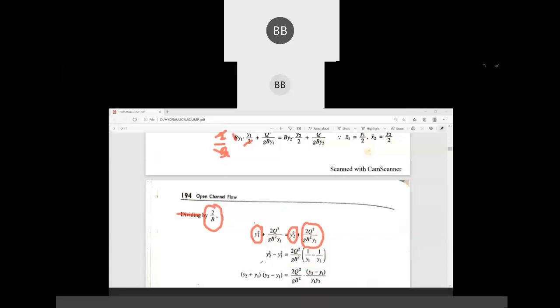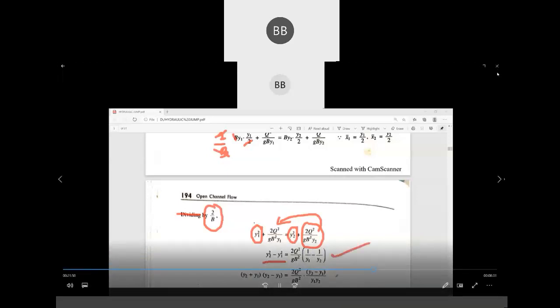So y2 square, if we bring y1 square to the right hand side, it will be minus y1 square. Here we have 2Q square by g b square, and we bring this across, so it's minus. You can see in these two terms, twice is common, Q square is also common, g and b square are also common. So what is left is 1 by y1 minus 1 by y2.